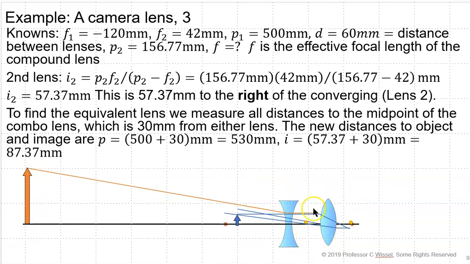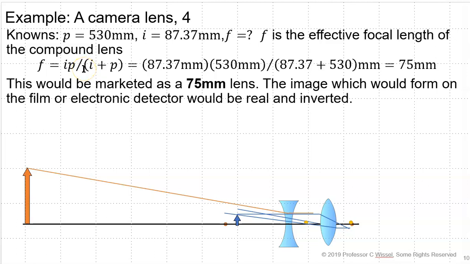So now the single lens is located right here, so we need this distance. So that's 530 millimeters. I is this distance. So that's the 57.37 we found a few minutes ago, plus the 30 millimeters. So that's 87.37 millimeters. So F equals IP divided by I plus P.